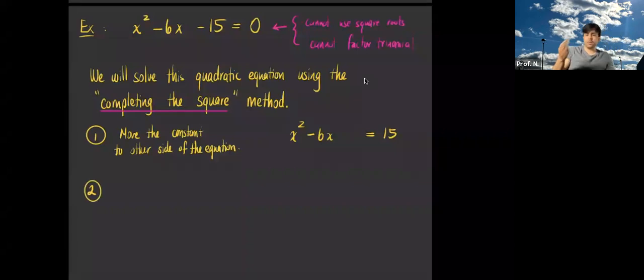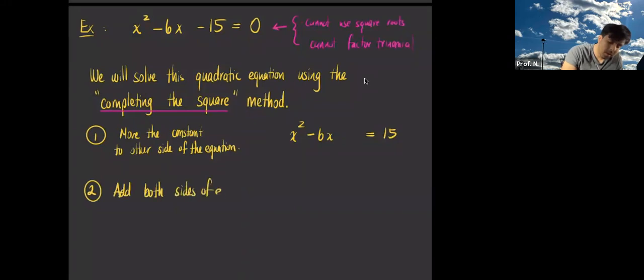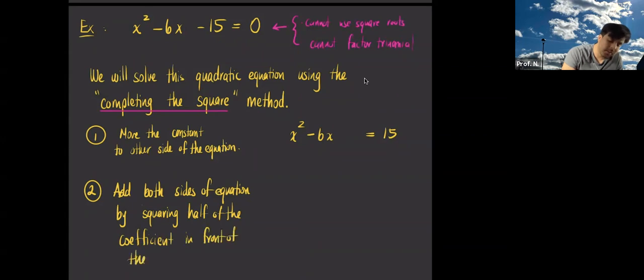Step two is where we're going to do the completing the square method. This is the completing the square step. So we're going to add to both sides of the equation by squaring half of the coefficient in front of the x term.